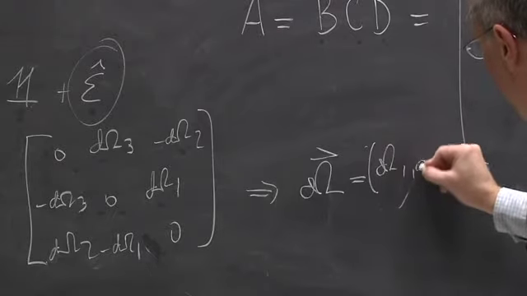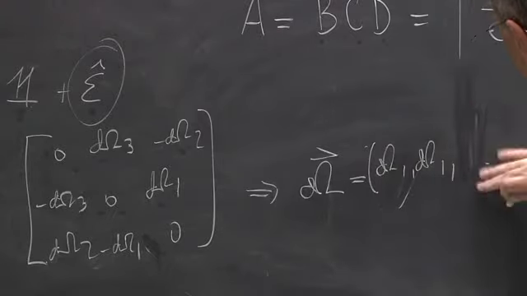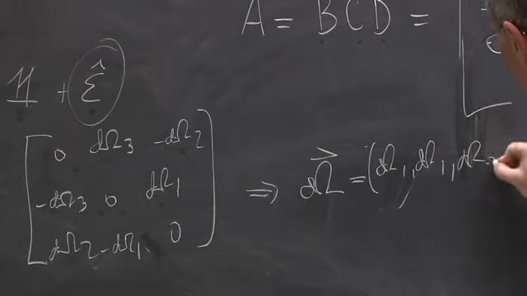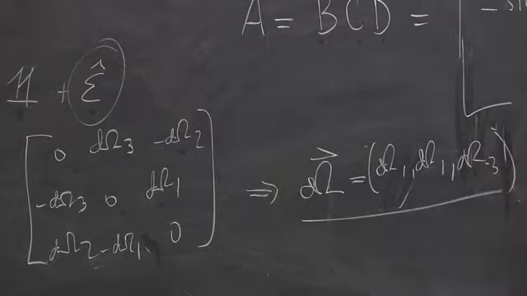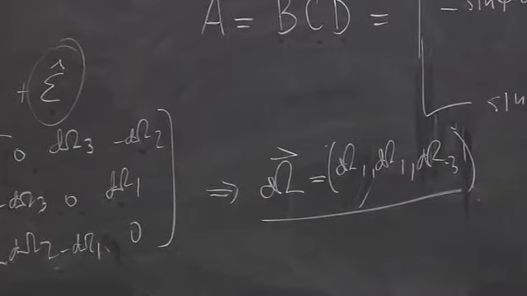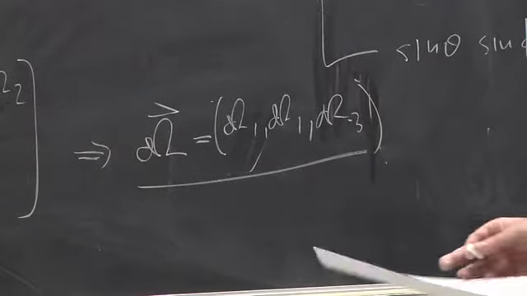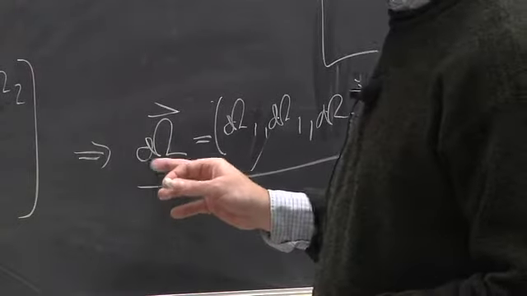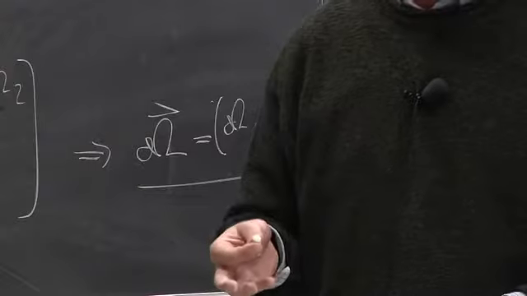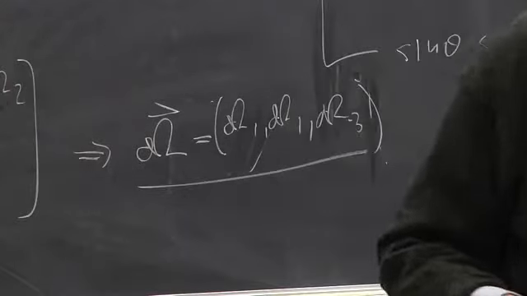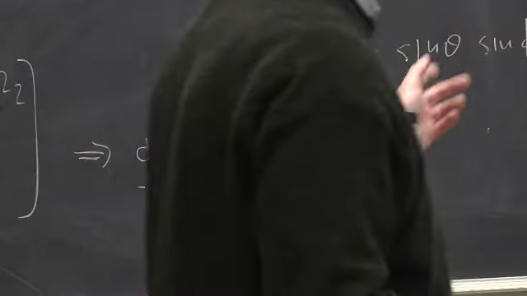d omega 1, d omega 2, d omega 3. So as long as my rotation is infinitesimal, I can characterize it by a simple vector. That's very good because a vector is much simpler than a matrix.